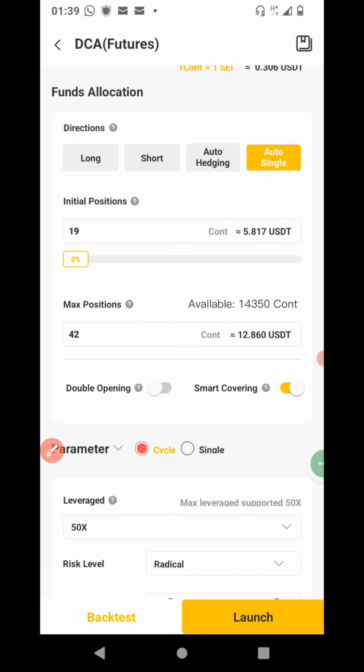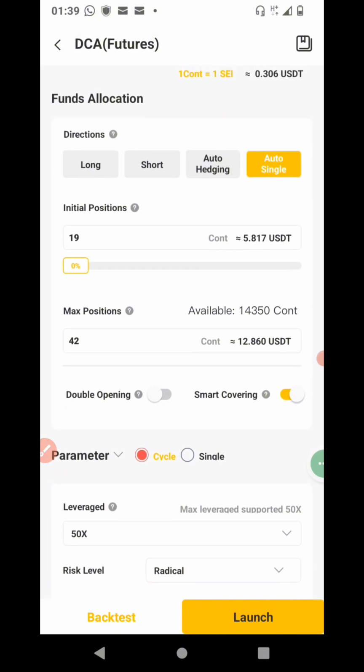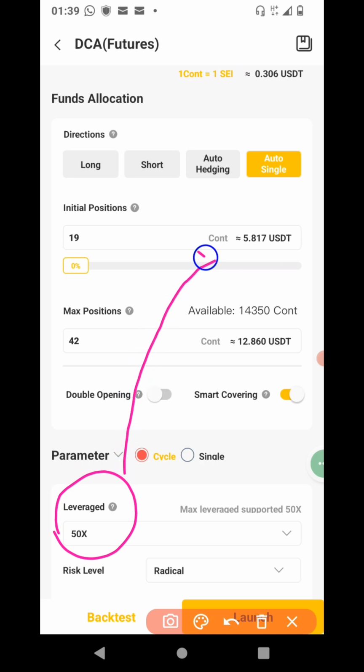Now for the magic setting, note carefully, your leverage must be the same as your initial position contract. I'll say that again so that it will sink. Your leverage must be the same as your initial position contract. How do you change your initial position contract?